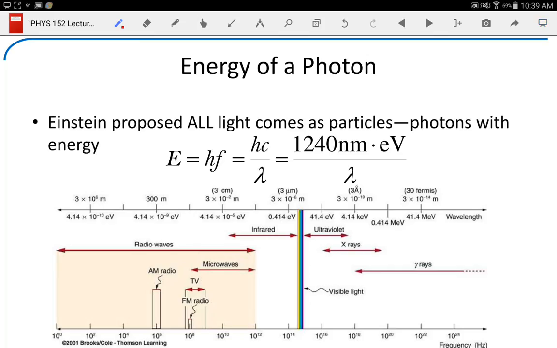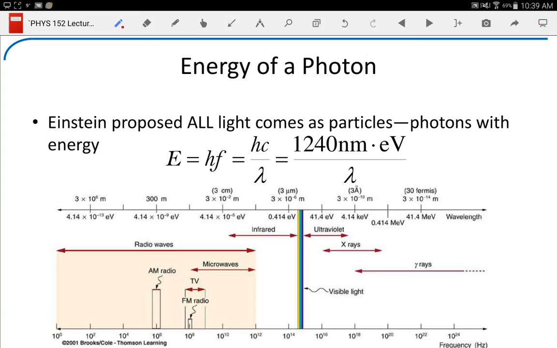So, outcome of this, Einstein said we can treat light as if it's made up of particles. You have a beam of light, like you turn on your flashlight. It's kind of like you fired a shotgun. You fired a whole bunch of little particles of light that are called photons. And each photon has an energy of hf, Planck's constant times frequency.